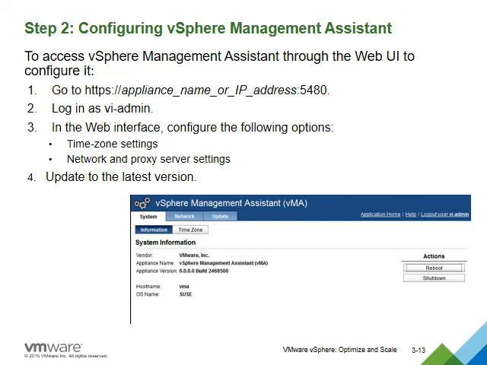In this slide, we're going to configure vMA, which is your vSphere Management Assistant. After you deploy it, which I hit on in the last slide, we're at configuring it, and we're going to select our source. You must configure the appliance, and when you start the vMA virtual machine for the first time, the appliance can be configured either by opening a console to the appliance or by pointing a web browser to the appliance. The vi-admin account is the administrative account on the vSphere Management Assistant appliance and exists by default.